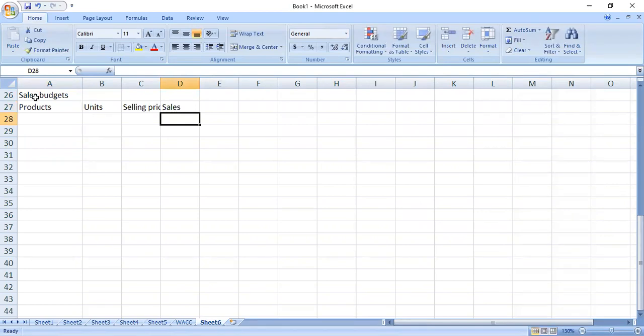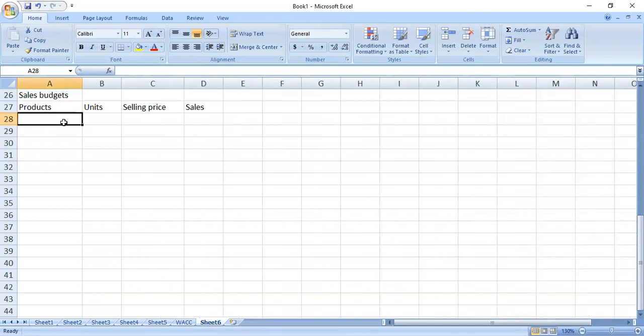The difference is that the arrangement will always be changing depending on the data that you have, but it should reflect the entire information that you need. So here I need my work arranged in such a way that you have your products, then units, and selling price to get the total sales.